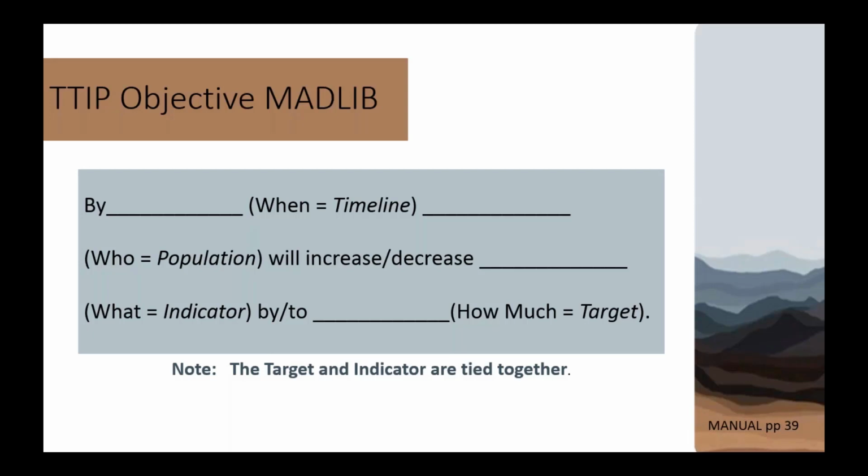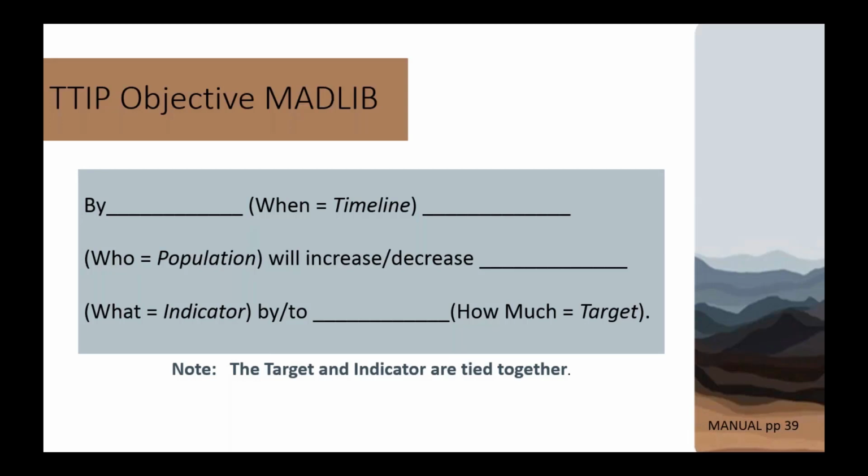Will increase the financial capacity of our finance department. And that's what is changing, that we're increasing the capacity of our financial department. And the last one is by how much. So we're going to increase it by 50%.